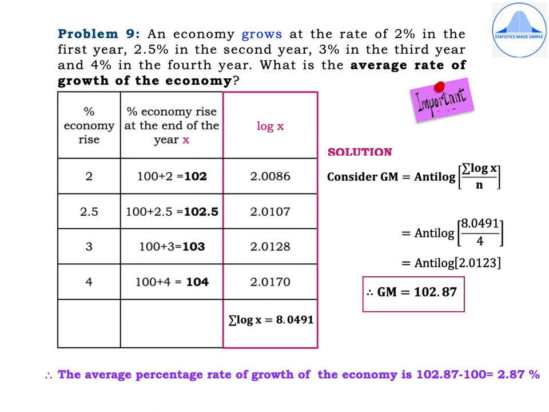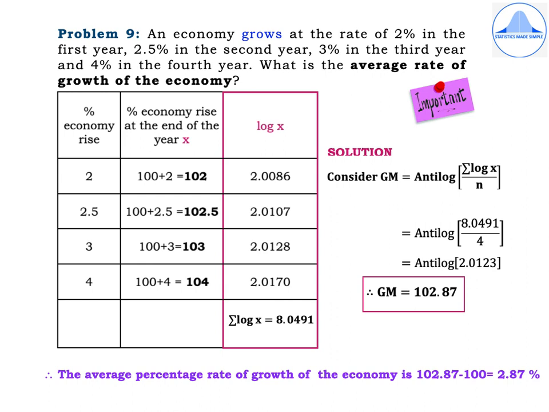Since the values are given in terms of percentage, we will add the value 2 to 100 and we get the value in the second column as 102. Similarly, for the second value, we add 2.5 and you get 102.5. Then we have 103 and 104.